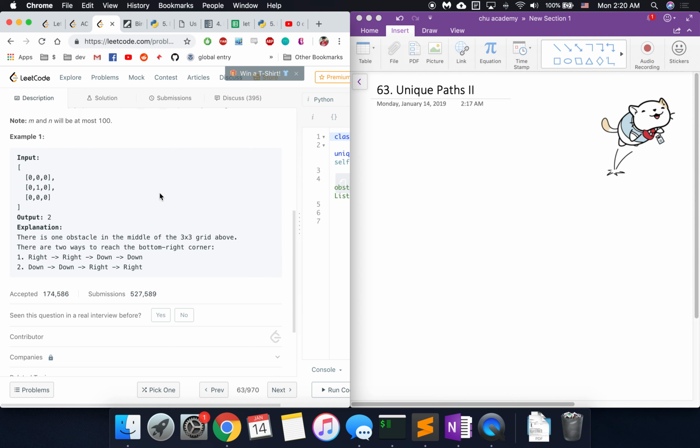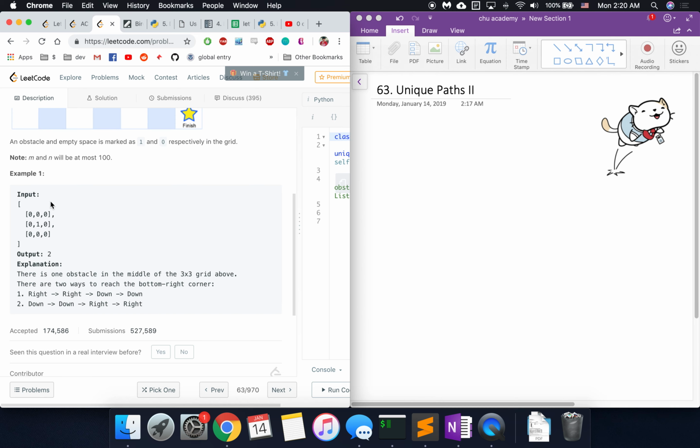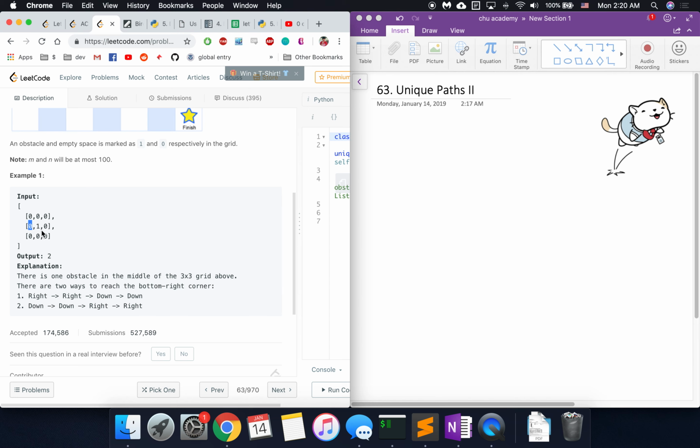So this looks like a clear dynamic programming problem, because at every index in the grid, you can determine how many paths lead to that specific space. Let's say you're at 0, 1.